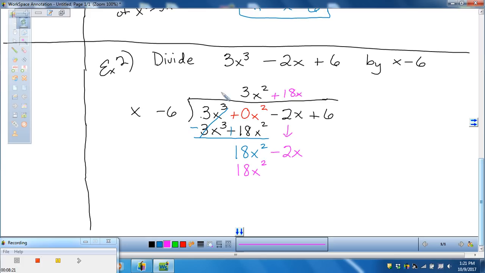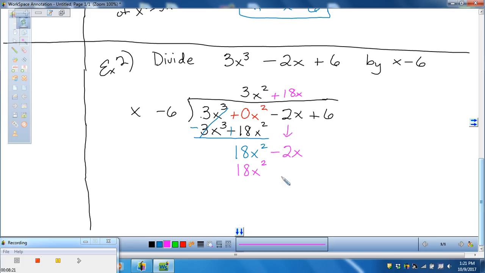And then 18x times minus 6 gives us a very big number. What is 18 times 6? Sorry, the problem with using calculators, you sometimes end up with mistakes. 18 times 6 is 108.